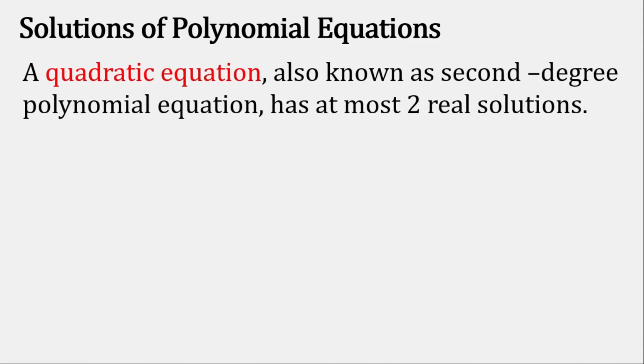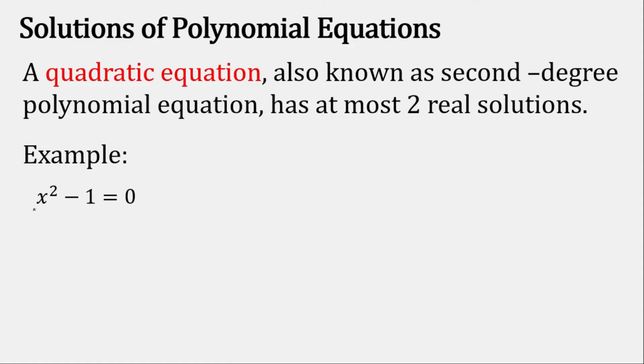On the other hand, a quadratic equation, also known as a second degree polynomial equation, has at most two real solutions. Let's take this example, x squared minus 1 is equal to 0. I know that this is a quadratic equation because the degree of the polynomial is 2. To solve for it, all we have to do is factor this polynomial.